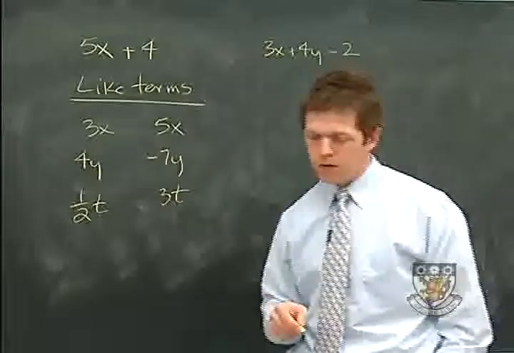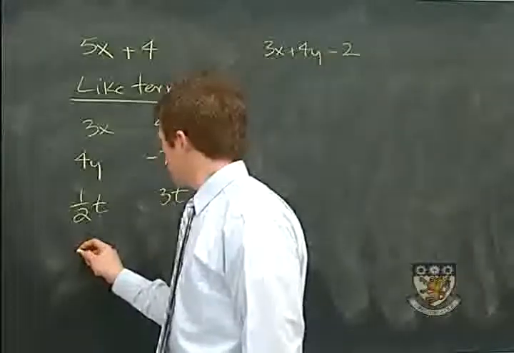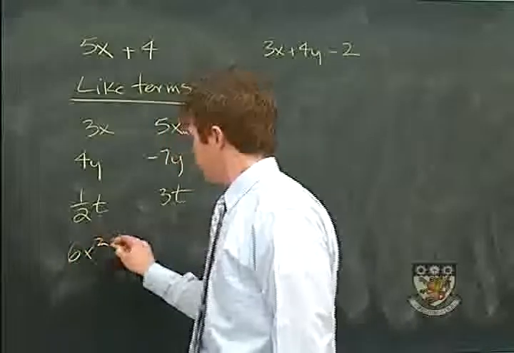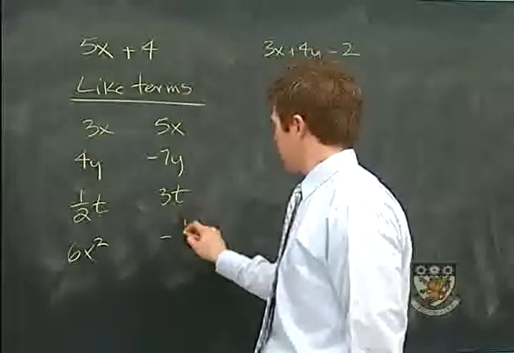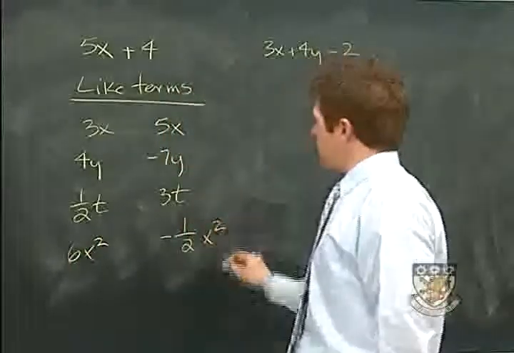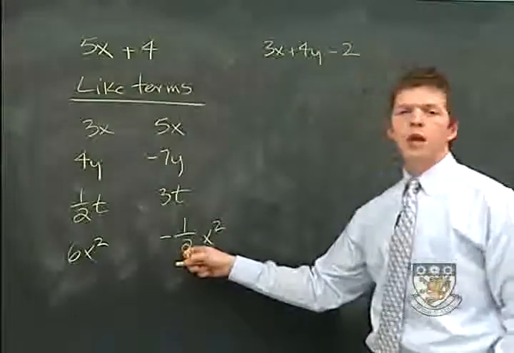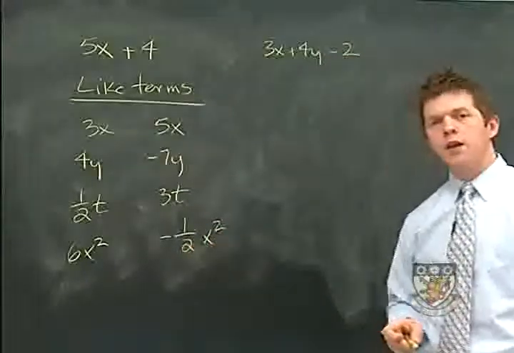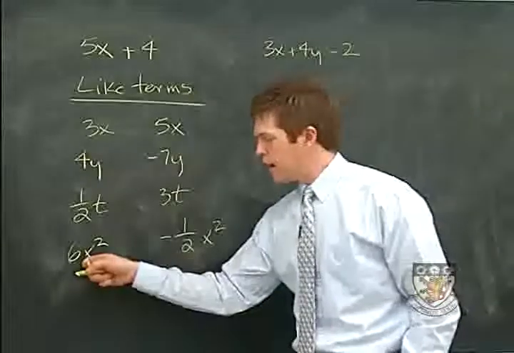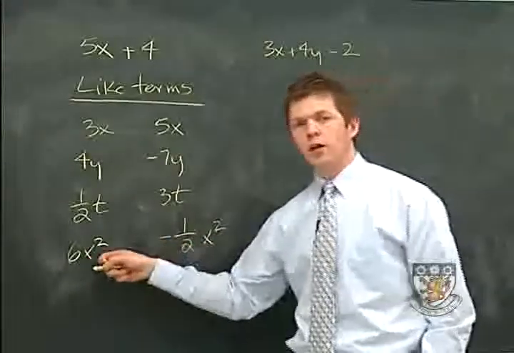They are like terms. 6x squared and negative 1/2 x squared are both like terms because they both have x squared.